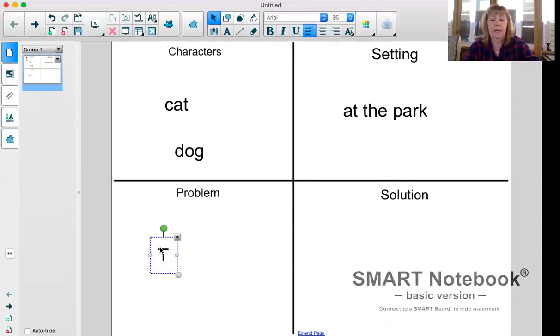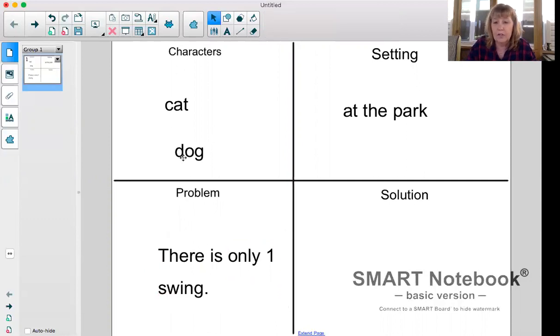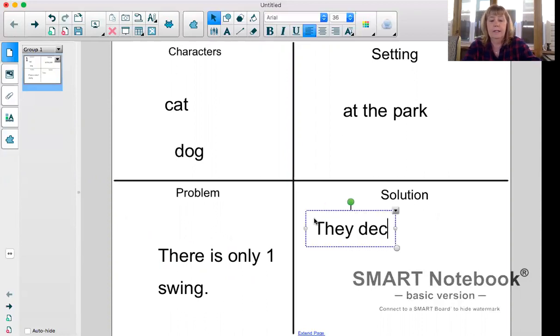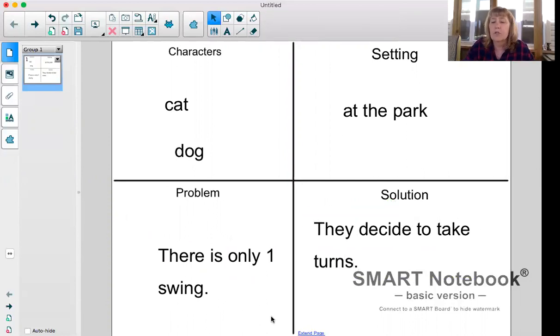I'm gonna start with a capital. There is only one swing. How many characters are there? 2. That's a problem. So the solution, how would they solve that problem? They decide to take turns. Great.